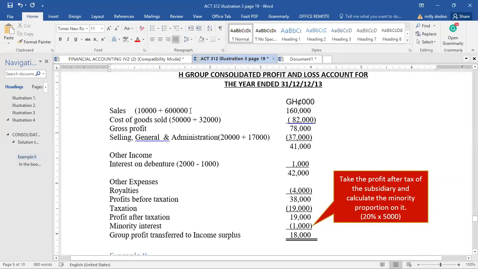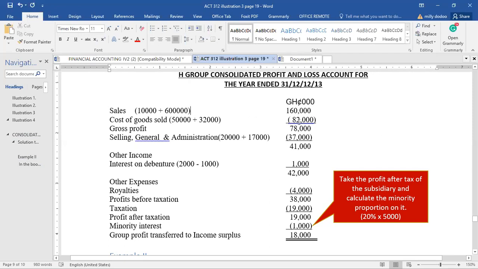So what we do here is just a mere addition of the sales, and we get 160,000. Then we come to the cost of goods sold given. H is 50,000, S is 32,000. So you add the 50 and the 32, you get 82.